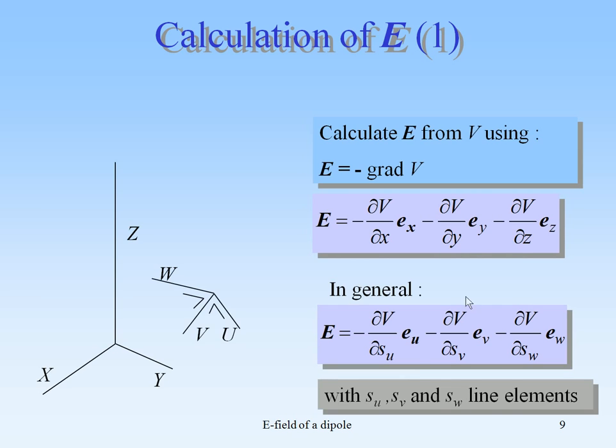In general, E is minus dV/ds_u, the coordinate in the u direction, times the unit vector in the u direction, plus the derivative in the s_v direction times the unit vector in the v direction, and here in the w direction times the unit vector in the w direction. And s_u, s_v and s_w are line elements. For instance, u, v and w could be x, y and z, or r, theta, phi.